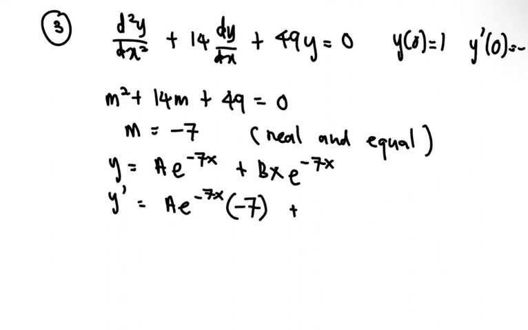plus, here we have the product of bx and e to the minus 7x, so use the product rule. Remember the differentiation by using the product rule: u dv plus v du, right?